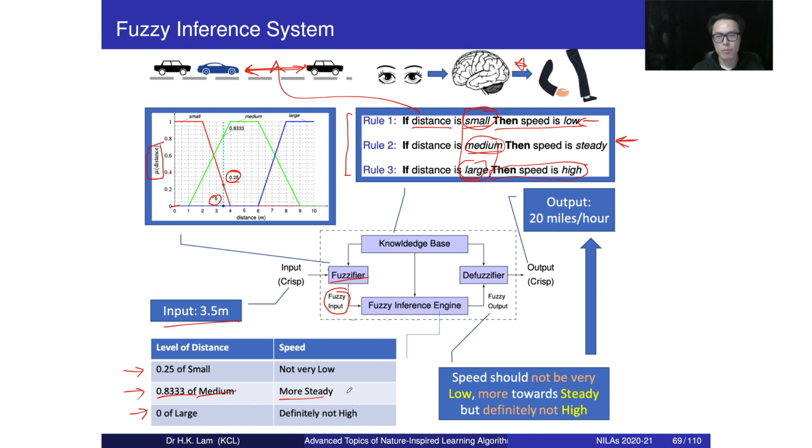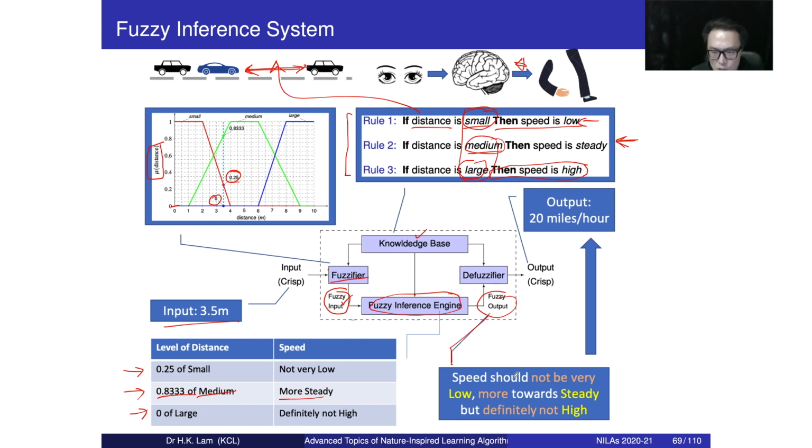According to the then part, it just tells you that definitely the speed is not high. Combining the knowledge and experience, as well as the membership grade, that is the fuzzy input to this fuzzy inference engine, I come up with this table. Fit this table into the fuzzy inference engine, and I will come up with the output given by this text box.